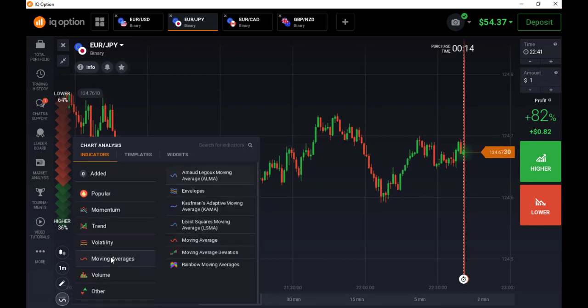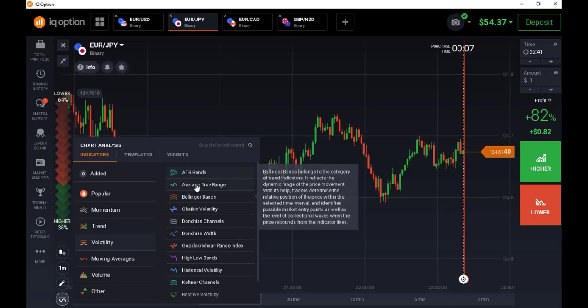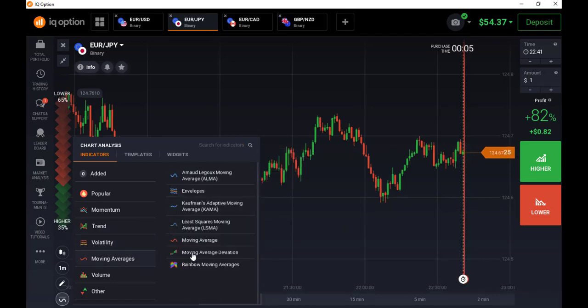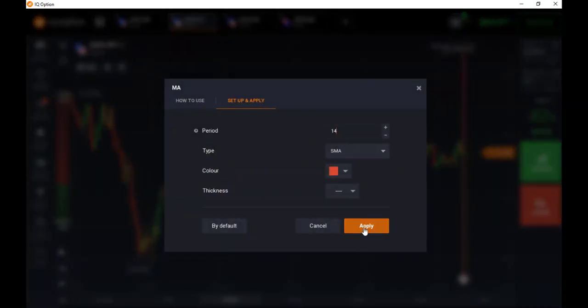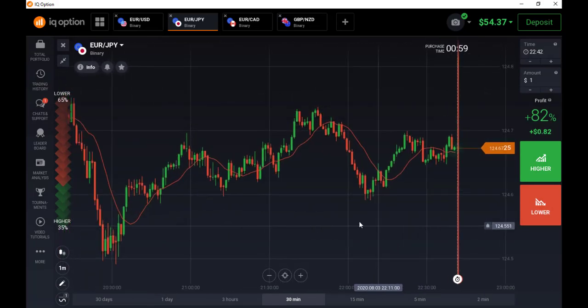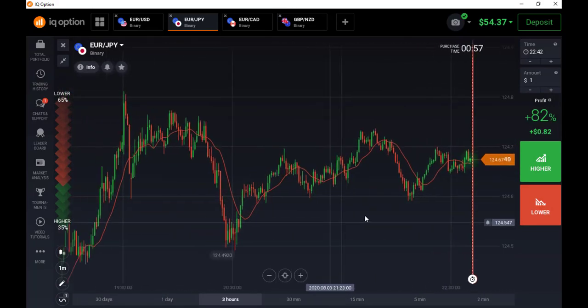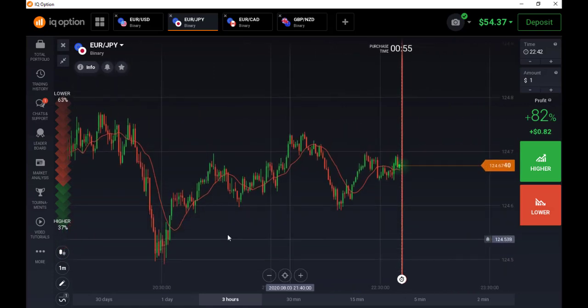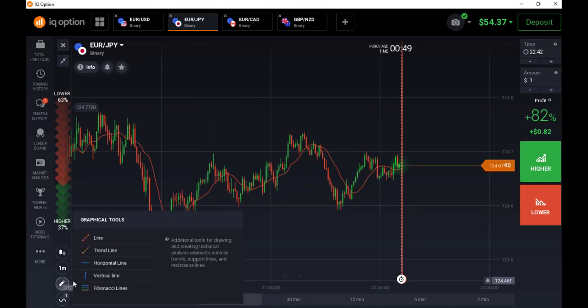Let's use moving average, default values. Okay, interesting. And in graphical tools, I'm using trend lines.